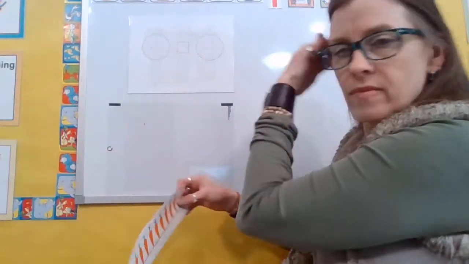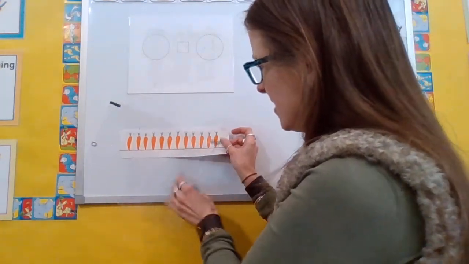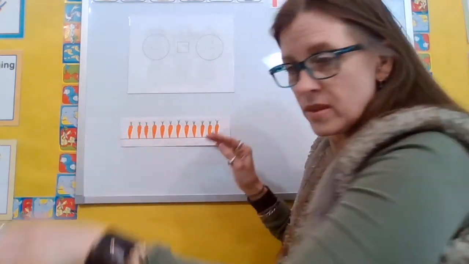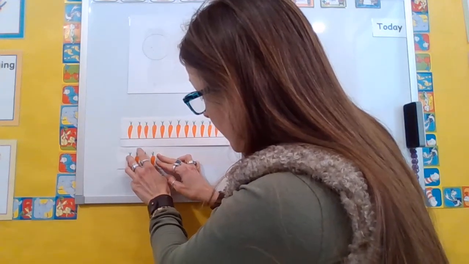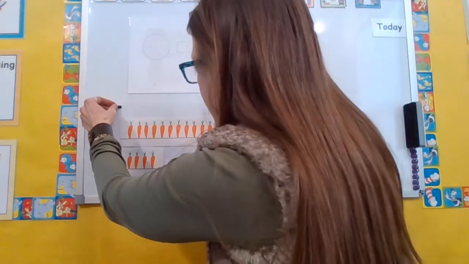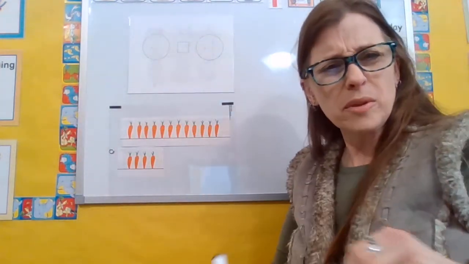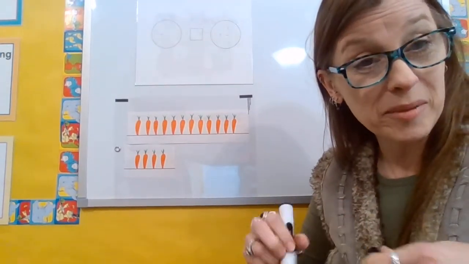Here we go. Horse had this many carrots. Little Rabbit had this many carrots. Let's compare them. All right. Do you remember? How do we compare them?